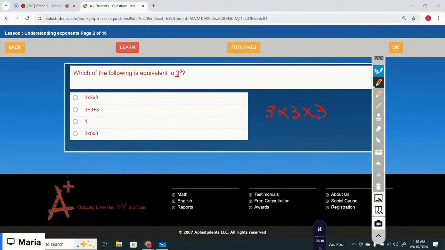The correct option is option number 1, that is 3 times 3 times 3.